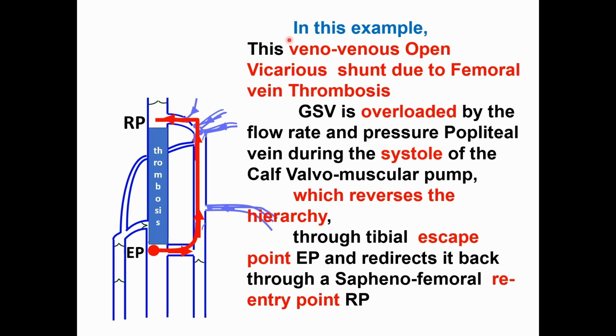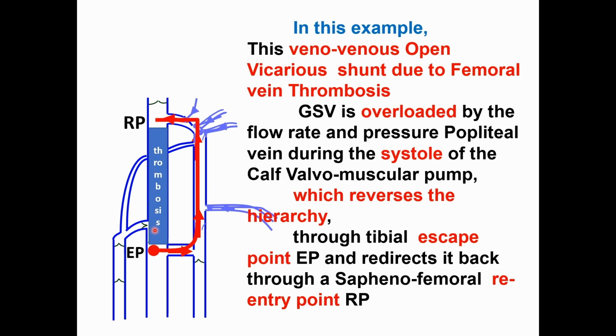In this other example, this is a veno-venous open vicarious shunt due to a femoral vein thrombosis. The great saphenous vein is overloaded by the flow rate and pressure of the popliteal vein during the systole of the calf valvomuscular pump, which reverses the hierarchy through the tibial escape point, EP, and redirects back through the saphenofemoral reentry point.